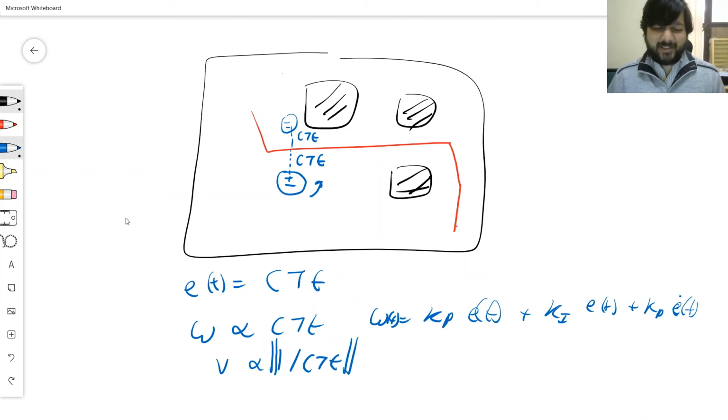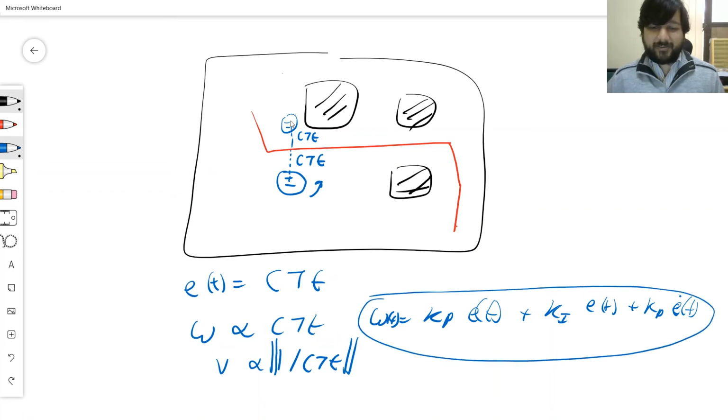The essential thing is that the PID is over this omega, or the angular speed is controlled by the PID controller, where you take the cross-track error as a metric. There is a problem with the cross-track error as well.